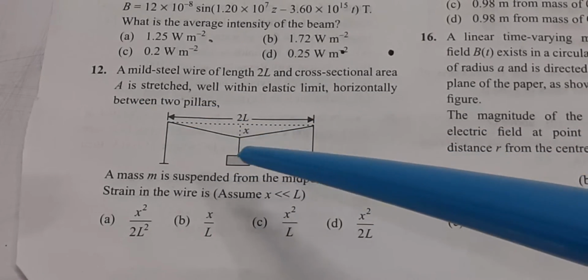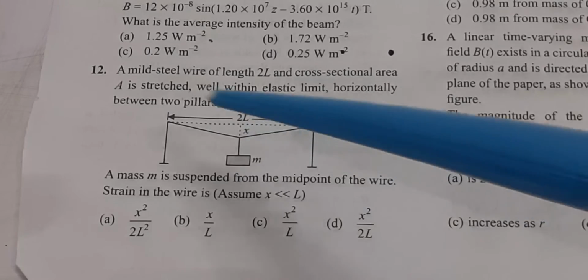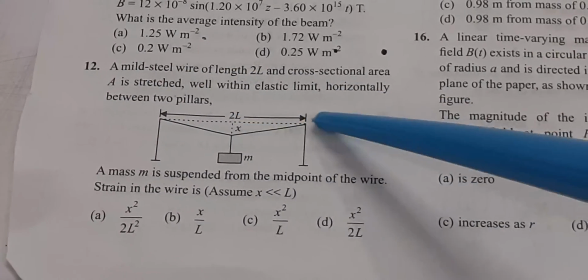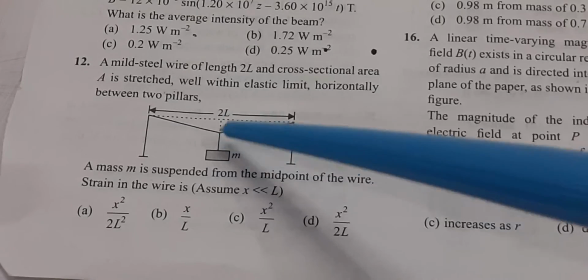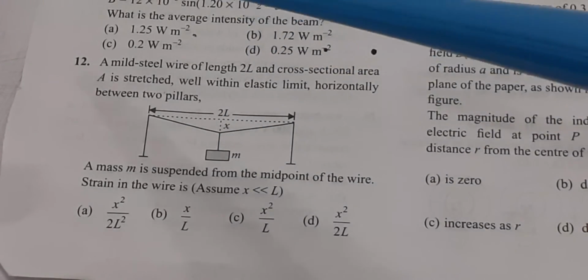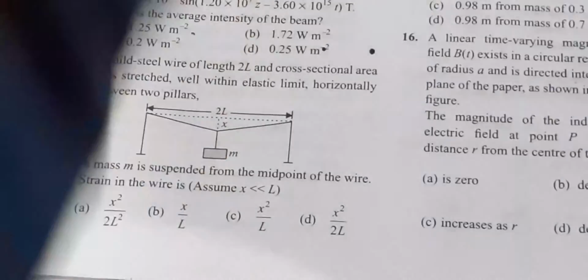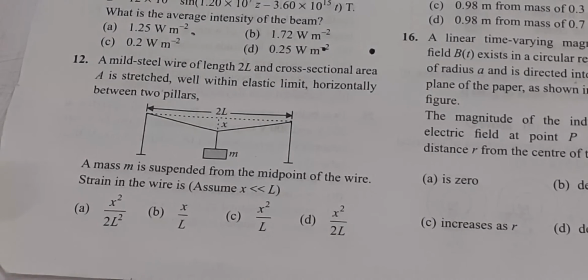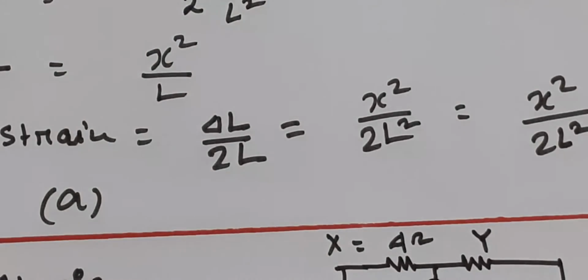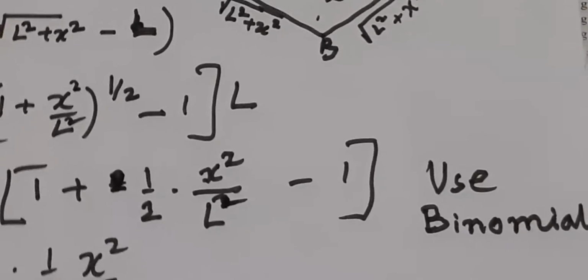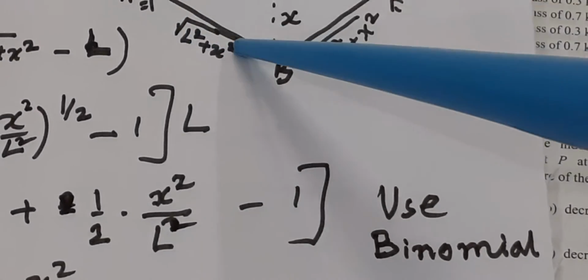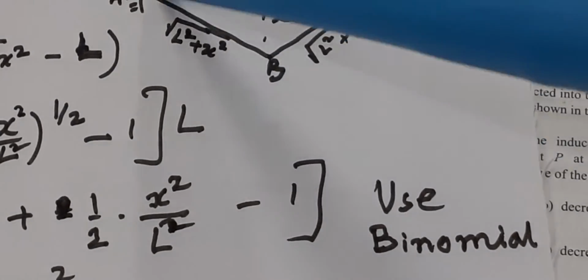Each length is L. From here to center is L, here to here, total is twice L. This length will be root under L square plus x square, because this is x, right angle triangle.